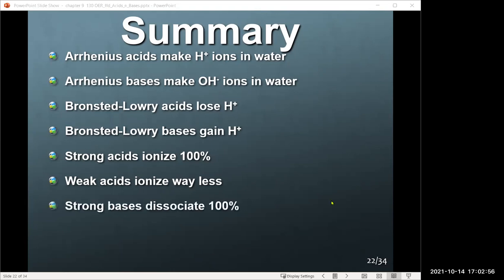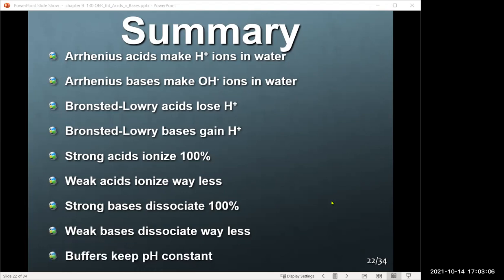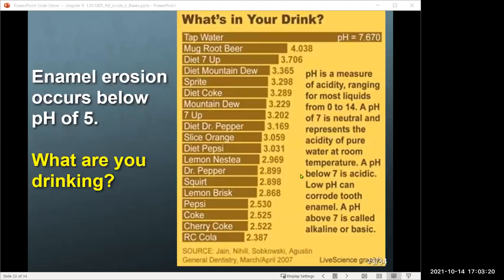Strong bases, like the strong acids, dissociate 100%, and weak bases, like the weak acids, dissociate much less. Buffers, their main function is just to maintain the pH constant at whatever value you set it up. We can make a buffer solution for the whole range of the pH scale.